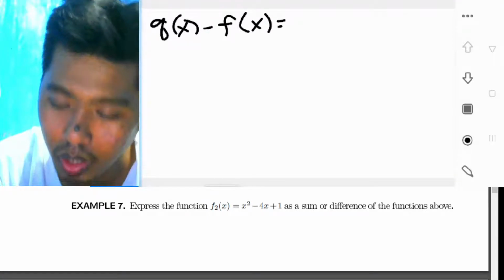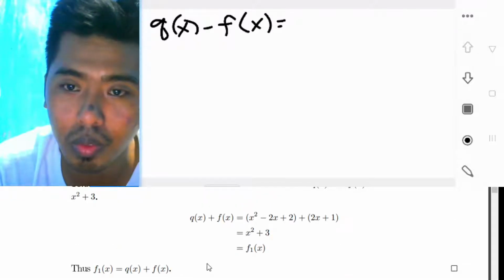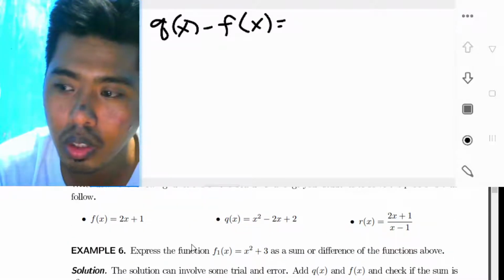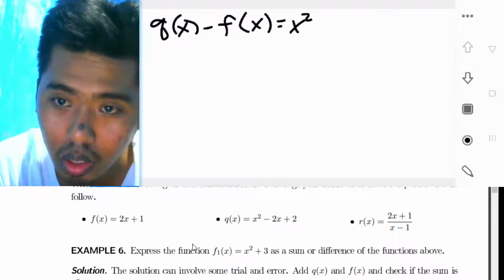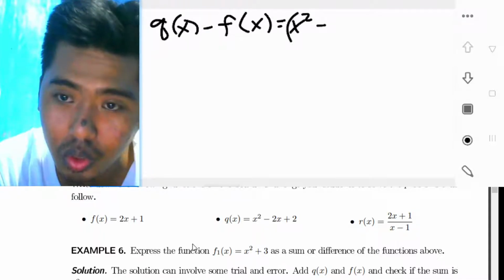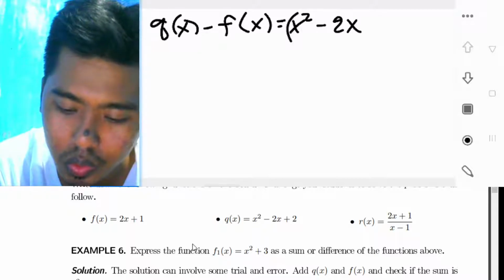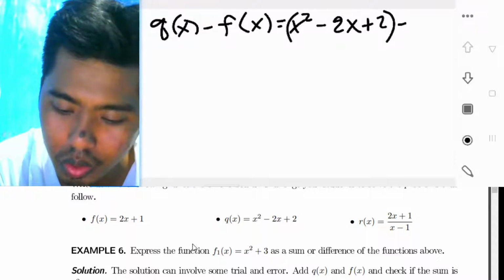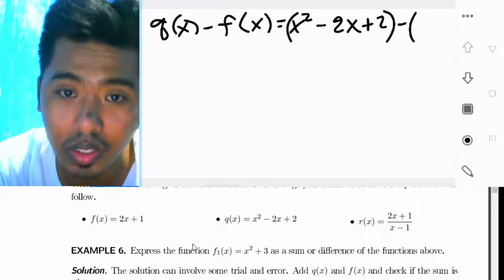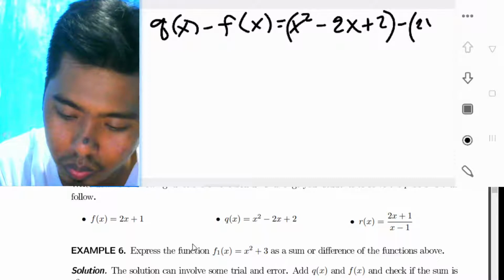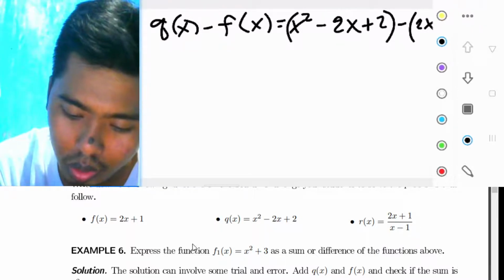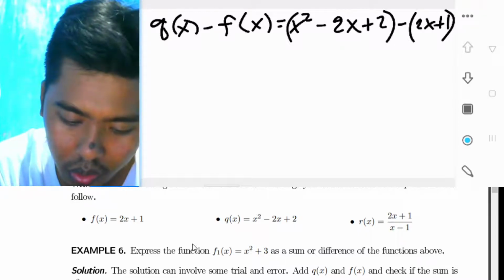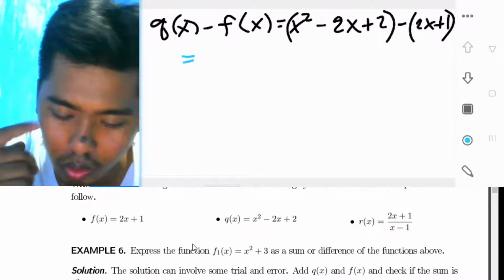Let's look for the value. That would be x squared minus 2x plus 2, minus the f of x, which is 2x plus 1. I'm going to put the equal sign here.